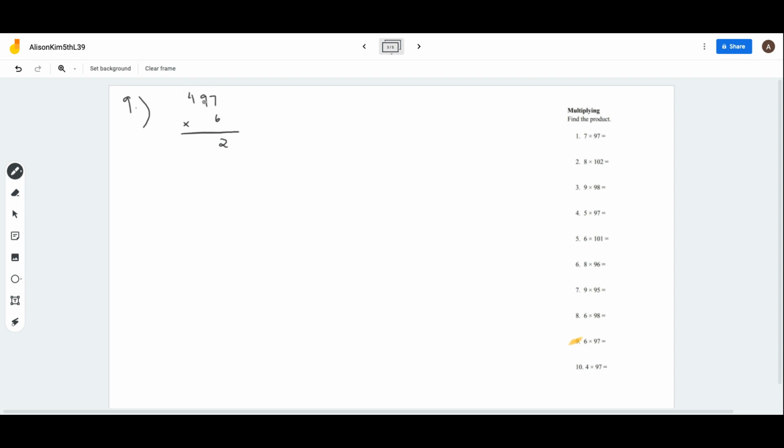Now we're going to disregard the 7 for now and just multiply the 6 by the 9, and we get 54. Then we're going to add this 4, and we get 58. So 97 times 6 should give us 582. So you just need to multiply everything out.